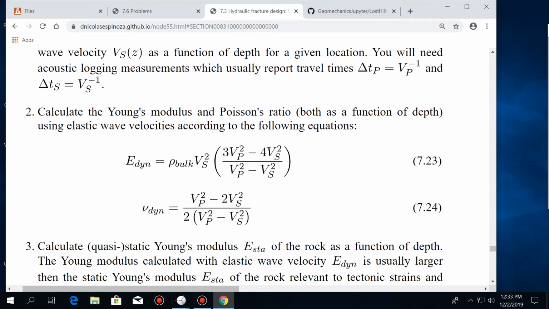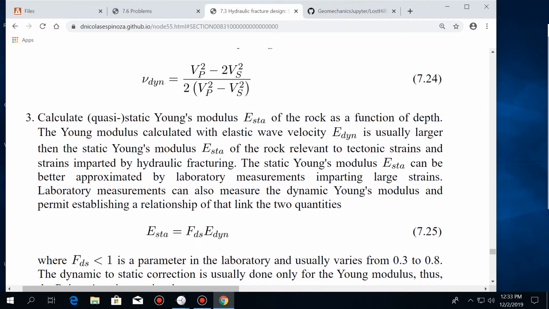With travel times, you get velocities. With velocities, you get Young's modulus and Poisson ratio. These are what we call dynamic Young's modulus and dynamic Poisson ratio, because they are measured with waves. But what we see in practice is that many times the actual stiffness of the rock is lower than what you measure with waves. Usually waves measure higher stiffness because it involves a very small strain.